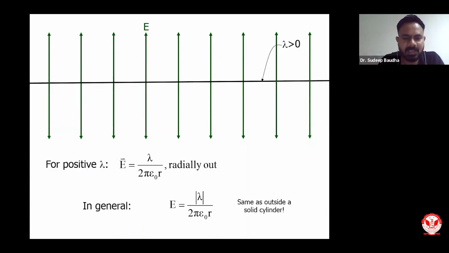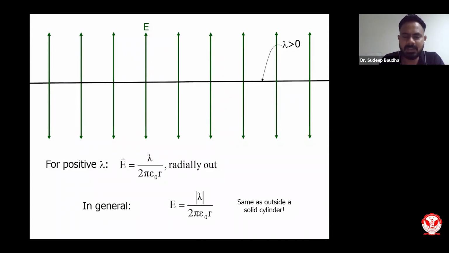In general, I can write E as the magnitude of lambda upon 2 pi epsilon naught r, and they are the same as outside a solid cylinder. That is how you can find the electric field due to an infinite line.